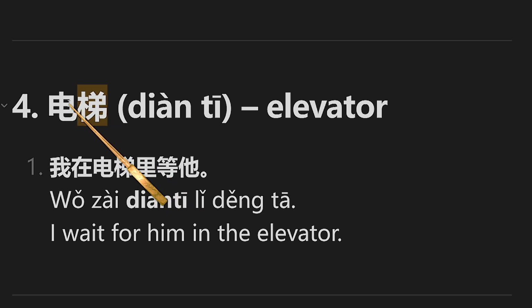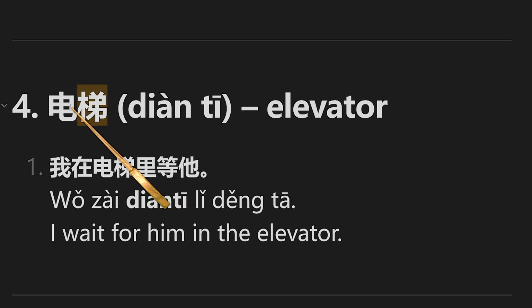But on the left part, it's wood. So before, as you know, 电 it's electric, right? And 梯 it's a stairs. But on the right part we can see 电梯, so it's just pronunciation.